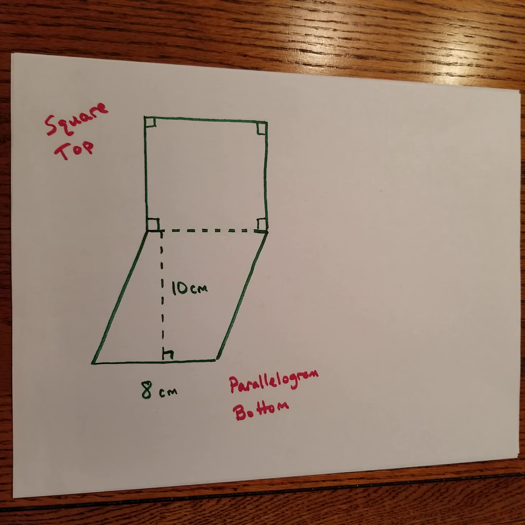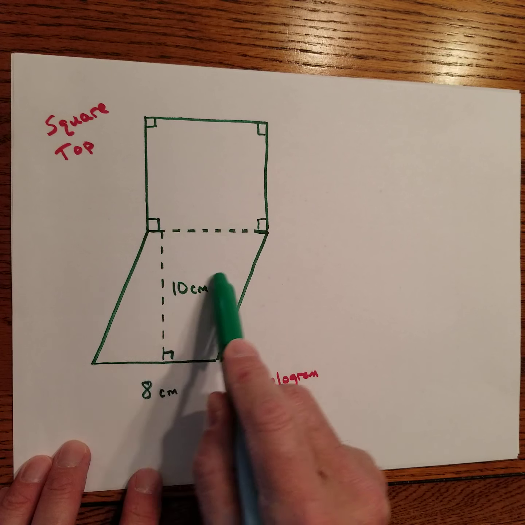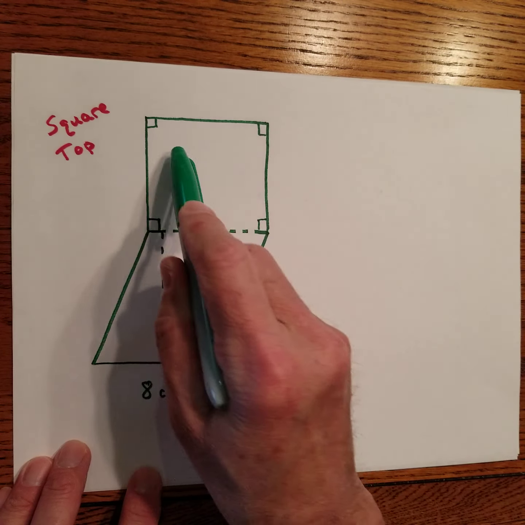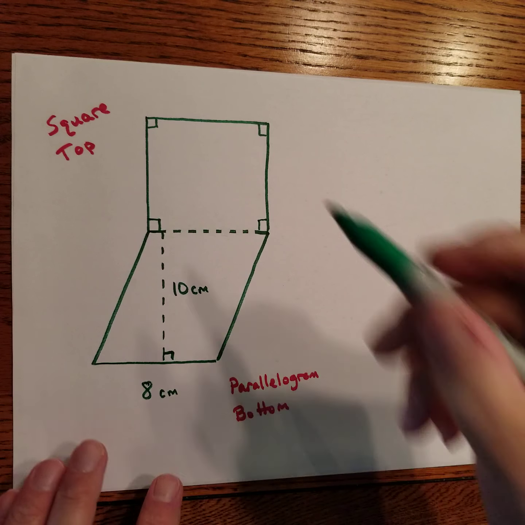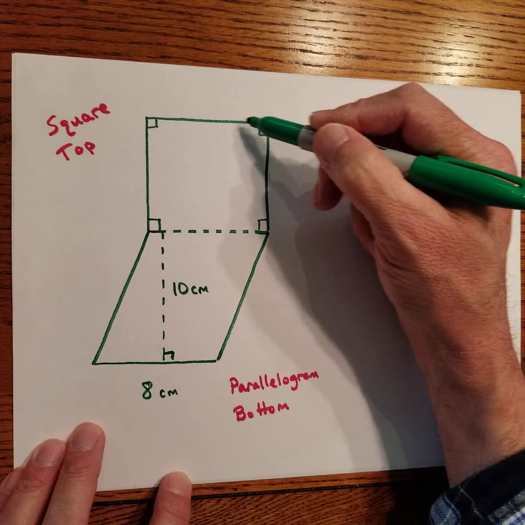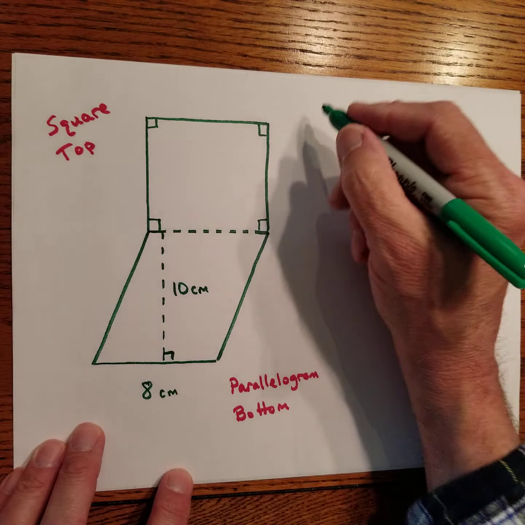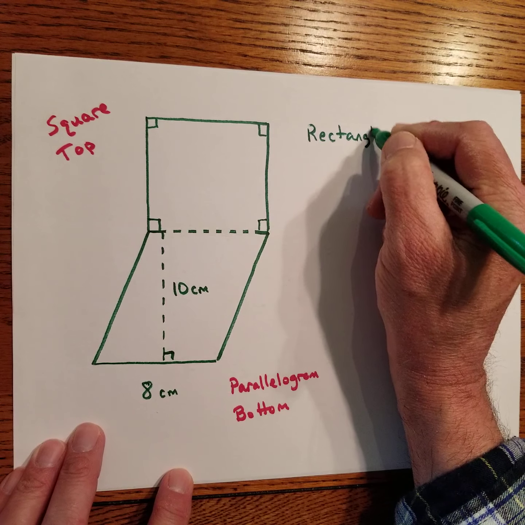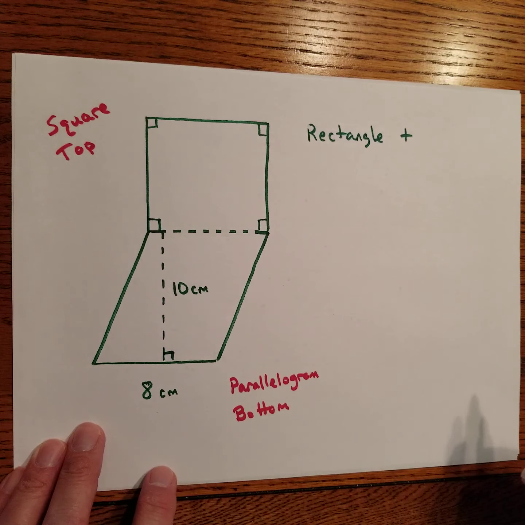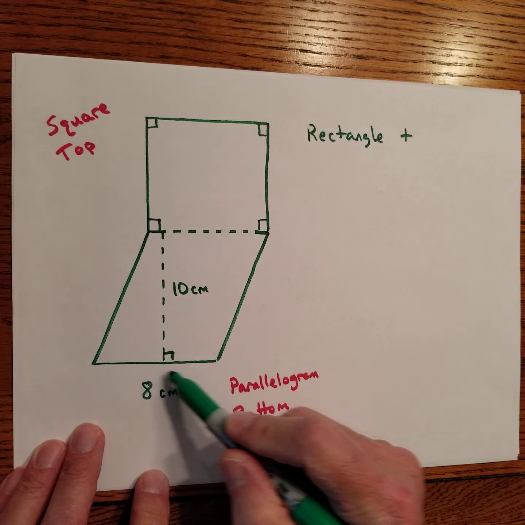This last example is a composite area problem. I'd like to find the area of this entire figure. What I notice is that it has a square top. A square top is like a rectangle. Let's think rectangle. The bottom of it, look at that.